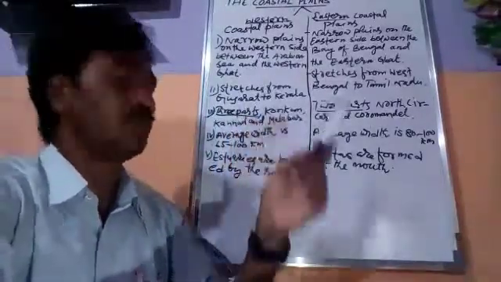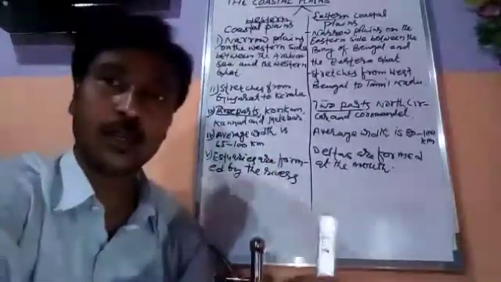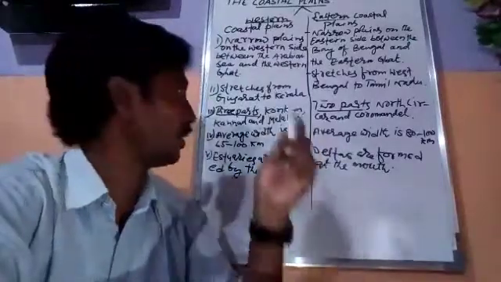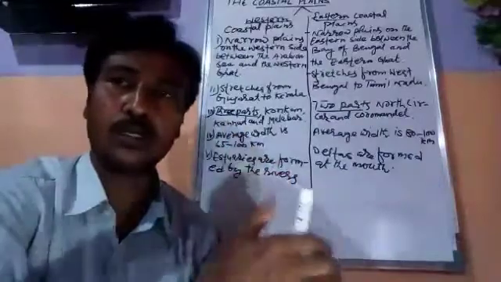The western coastal plain is divided into three parts, and that is Konkan coast. Konkan coast stretches from Mumbai to Goa.